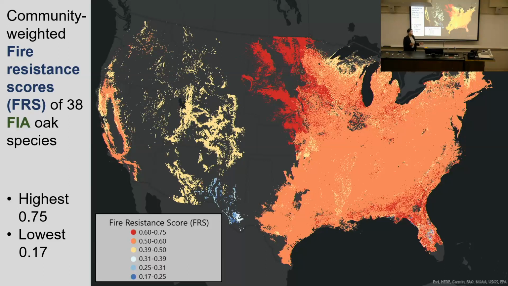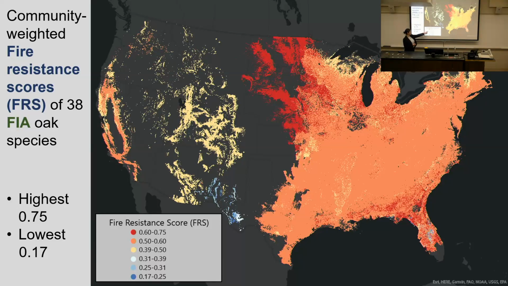So in this community weighted map, we have again the higher fire resistance being shown in the red and this orange. So we see that across the eastern United States, as well as into California, we have rather high fire resistance scores.